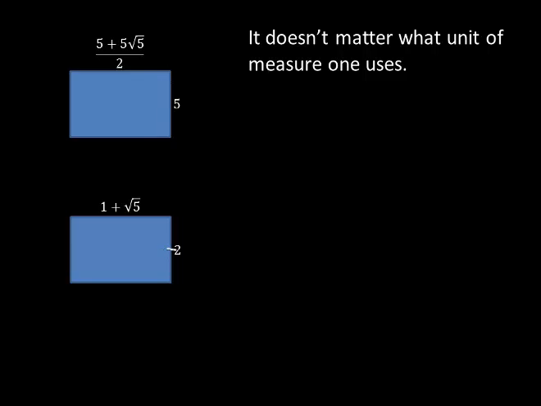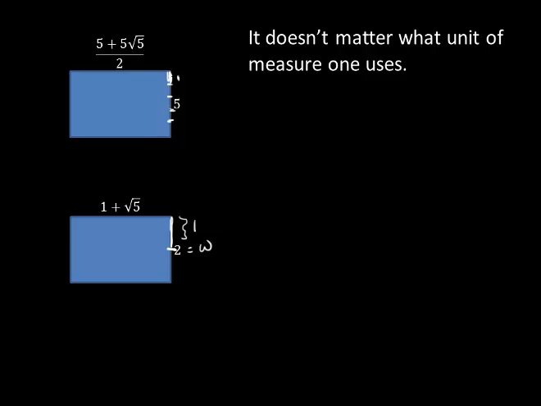On the lower one, the width is equal to 2, so we chose a measurement that we let our unit be that long. Up here, we're calling the width equal to 5, so maybe 1, 2, 3, our unit is about that long. It doesn't matter what we consider our unit to be.